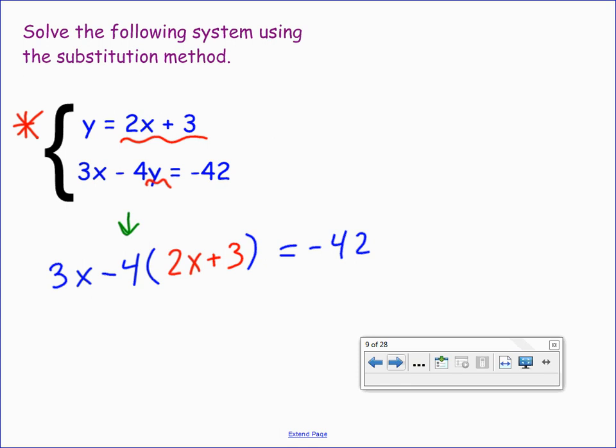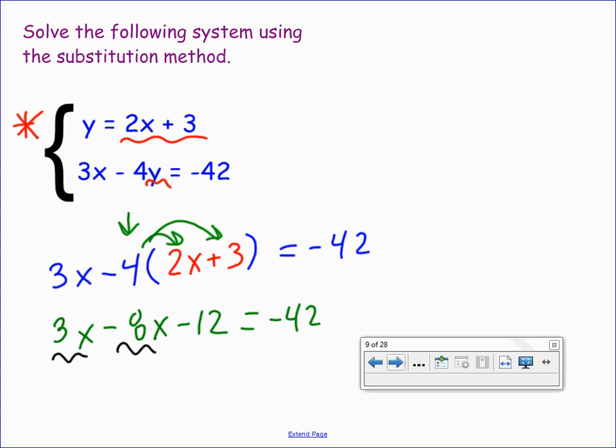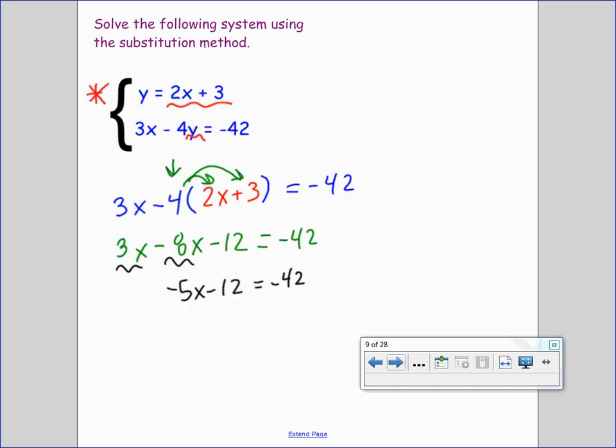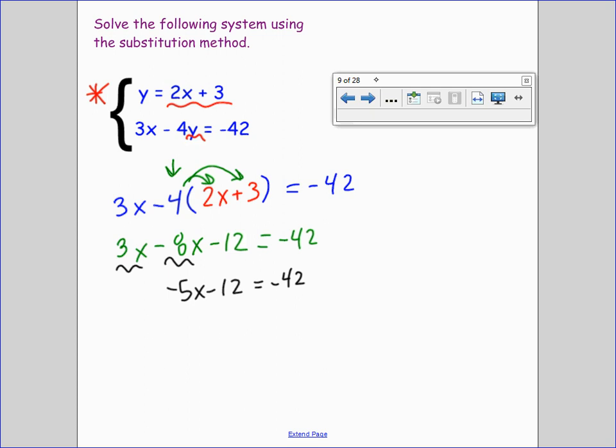Now I have a single variable, x, in a single equation, and I've got the tools to solve that. Let's go ahead and do that. I'll distribute to get rid of the parentheses. So minus 8x minus 12. I'll combine my terms. Same side, same operation. I'll add or subtract, multiply or divide to solve for x.